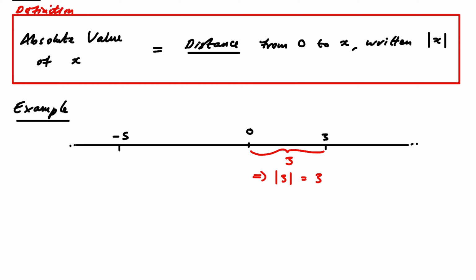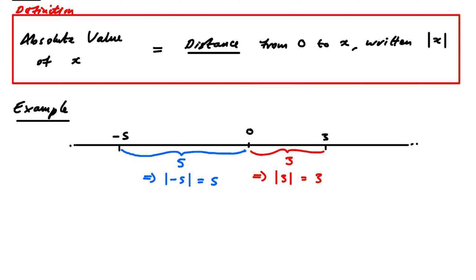Brilliant. What about minus 5? Well, minus 5, the absolute value is going to be the length of this line segment, isn't it? And that visibly is of length 5. So that would imply the absolute value of minus 5 is equal to 5.